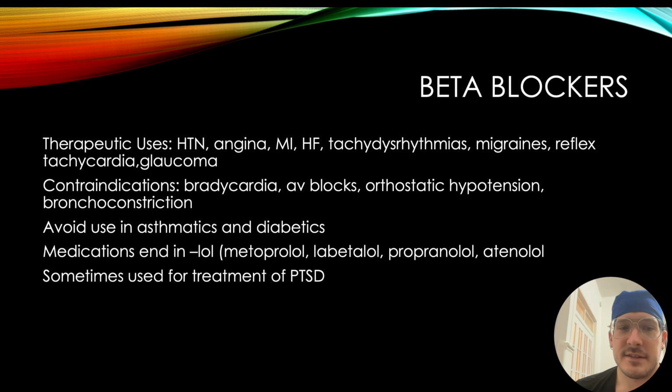Beta blockers is next. Therapeutic uses for beta blockers are hypertension, angina, MI, heart failure, tachydysrhythmias, migraines, reflex tachycardia, and glaucoma. Contraindications are bradycardia, AV blocks, orthostatic hypotension, which is when your blood pressure drops when you stand up from either lying or sitting, bronchoconstriction.